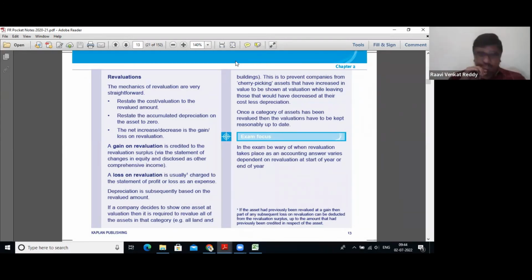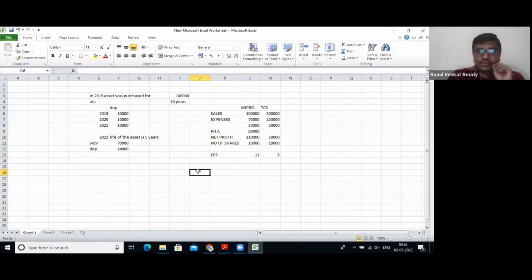Now, when you revalue the asset, there is a possibility of either a revaluation gain or a revaluation loss. Revaluation gain or loss is the difference between the carrying value and the market value. Let me show this. In the 2021 books, the carrying value of the asset, and participants, please don't confuse, carrying value is nothing but written down value, is 75,000, and its revalued amount is 90,000.